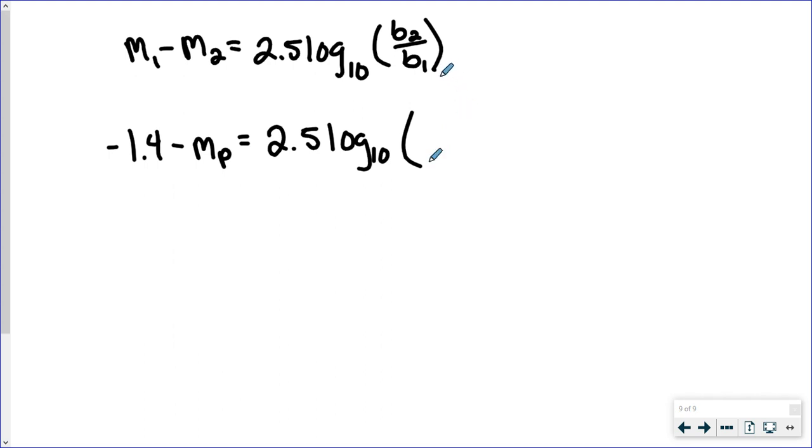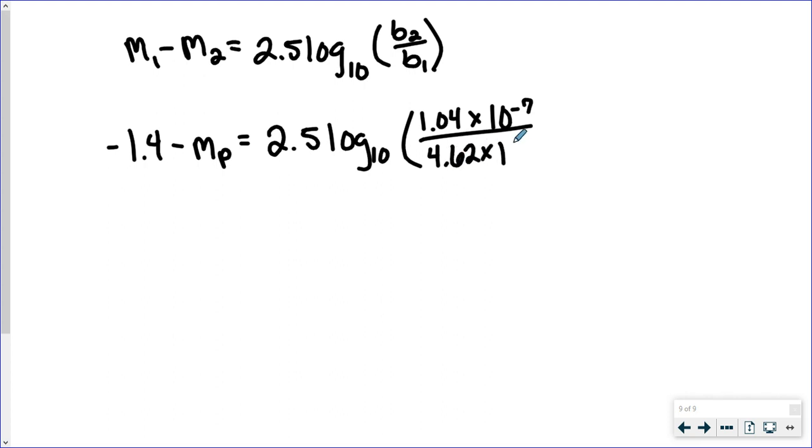Of the magnitude of Sirius is 1.04 times 10 to the negative 7th power over 4.62 times 10 to the negative 9th.